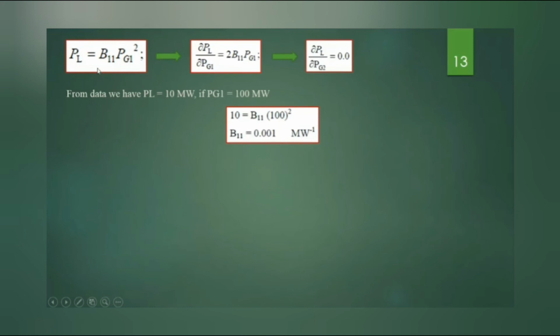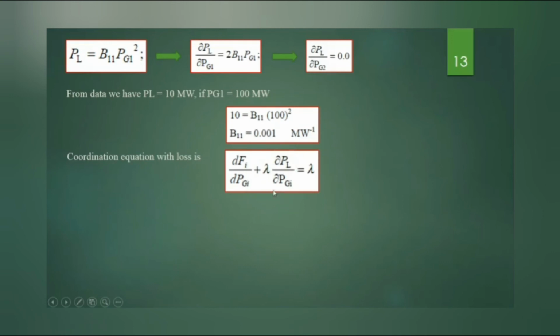So if you differentiate this equation with respect to Pg1, you will get del PL upon del Pg1 equal to 2 B11 Pg1, right? And for del PL upon del Pg2, there is no Pg2 term present, therefore it is equal to 0.